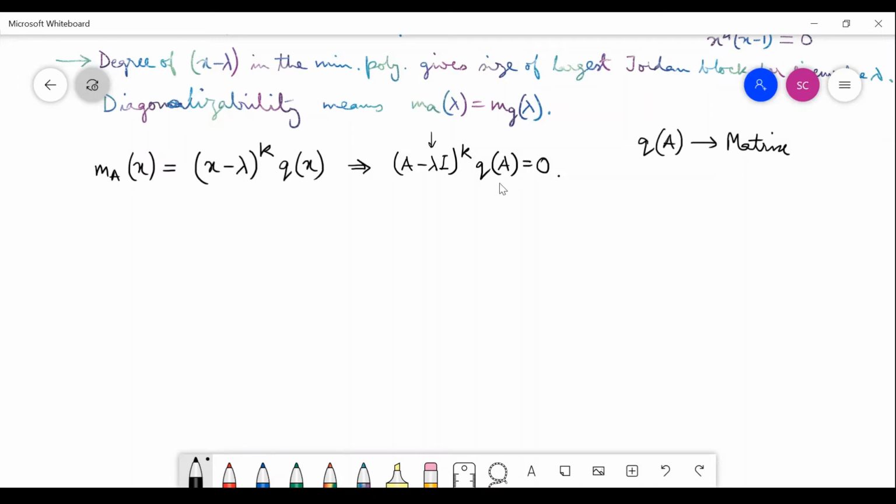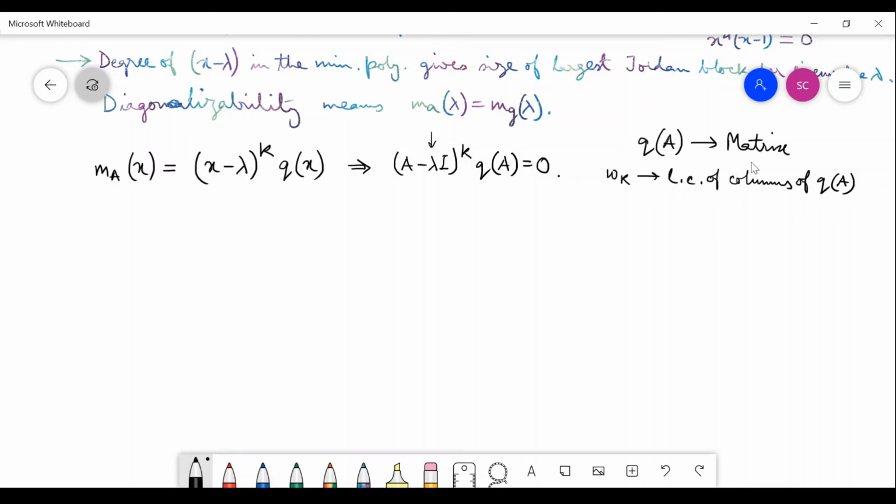That also means if I have a vector, suppose w_k, which is a linear combination of columns of this matrix q(A), then if I operate this w_k, which I sometimes call omega and sometimes w, so please don't be confused, with (A minus lambda I)^k, I will also get 0, because this is nothing but a linear combination of these columns.